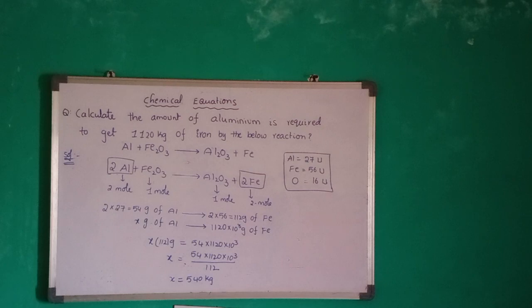In case they are not given the equation, what is the condition? Let us assume the equation is not given for the reaction between aluminum and iron. According to your 10th class syllabus, we get this concept under the chapter of principles of metallurgy.